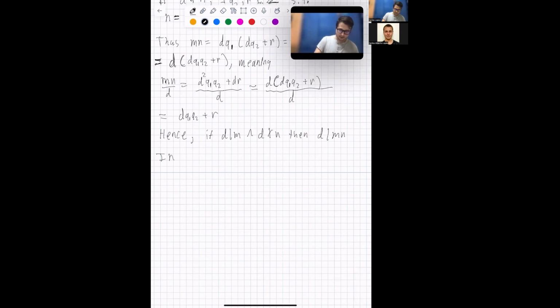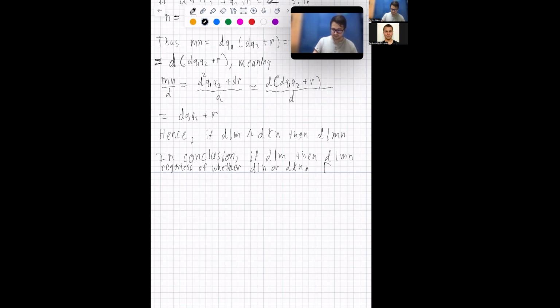So in conclusion, we can say that if d divides m, then d divides m times n, regardless of whether d divides n or d does not divide n.